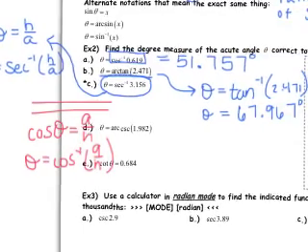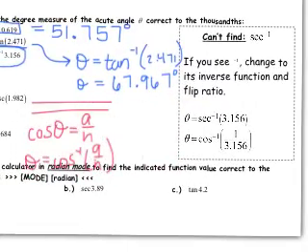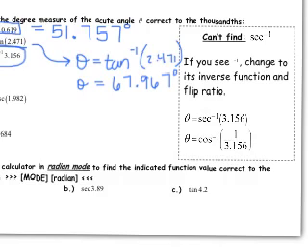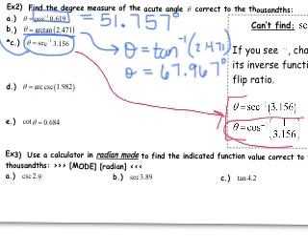Okay, so that's what this says over here. So if you don't have the button, if you see the little -1, change to its inverse function and flip the ratio. And so this is really trying to explain to you how to do this. This is what we're going to type into the calculator. So cosine inverse 1 divided by 3.156 is 71.527 degrees.